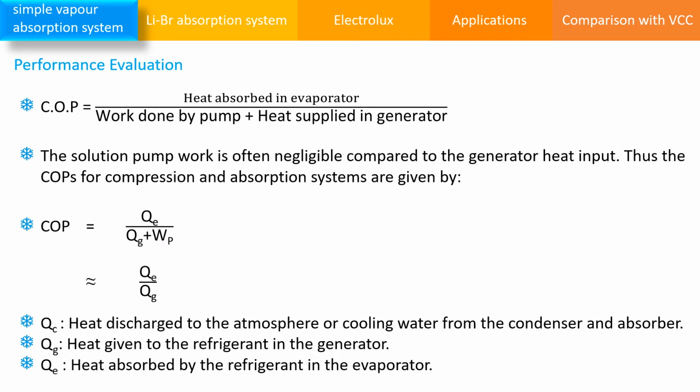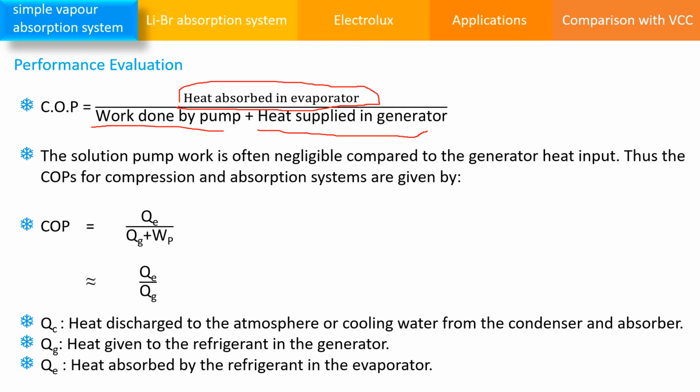This is the performance evaluation, that is, calculating the coefficient of performance of the simple vapor absorption system. So COP is the desired effect upon the input energy provided. Here the desired effect is the heat absorbed in the evaporator, which is our cooling effect of the refrigerant. And the input energy provided is the work done by the pump and the heat supplied in the generator.